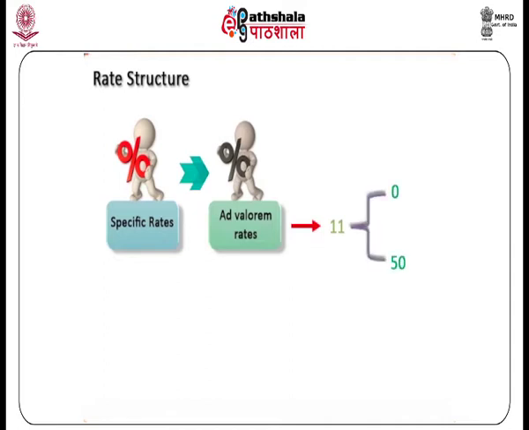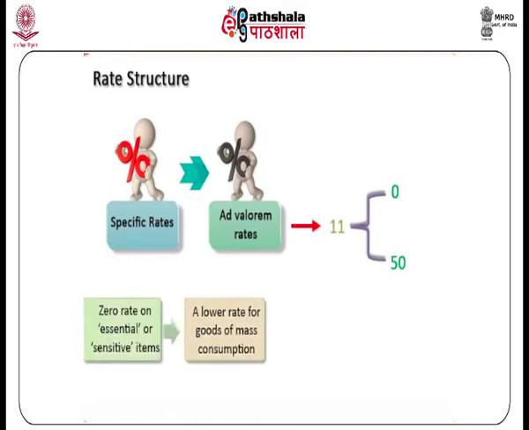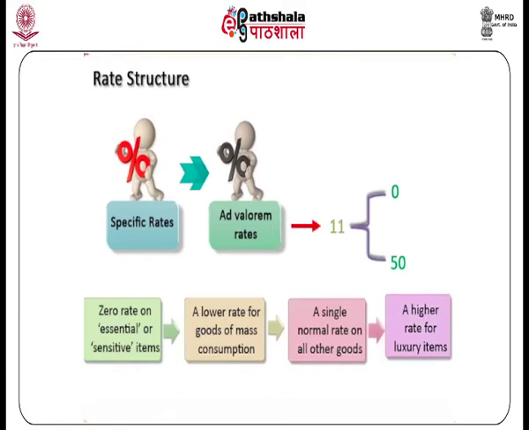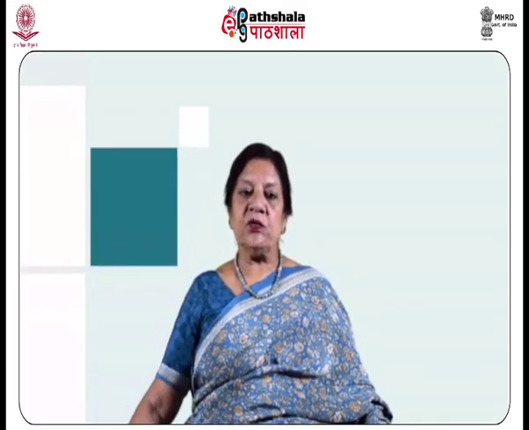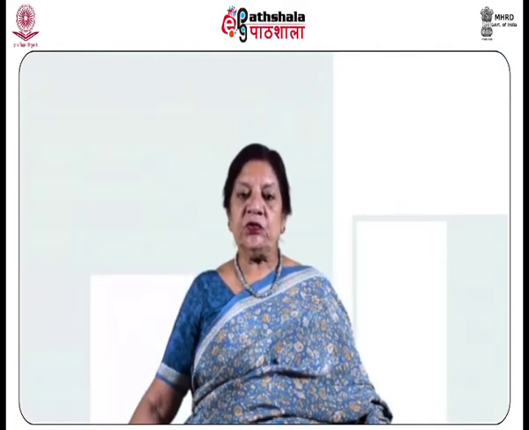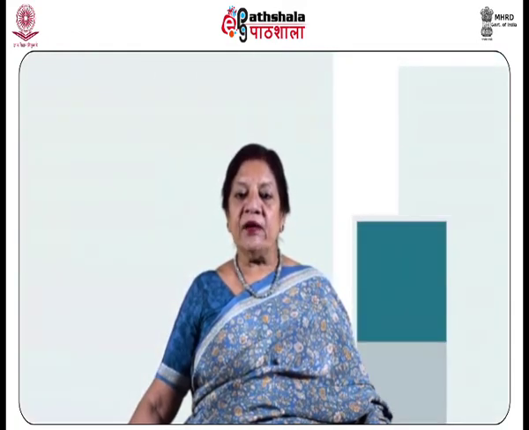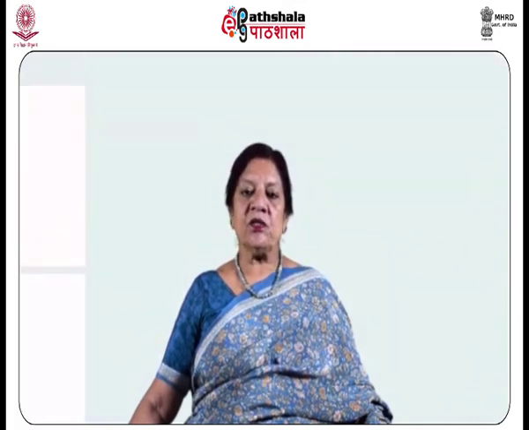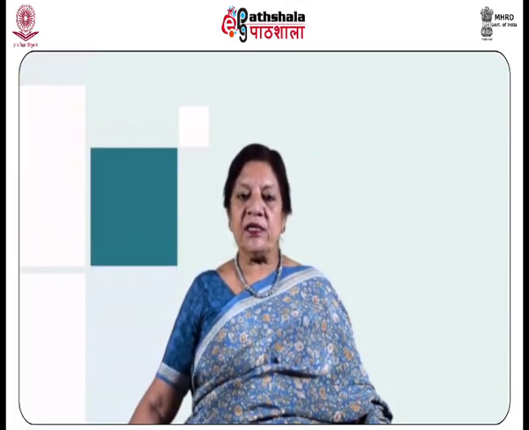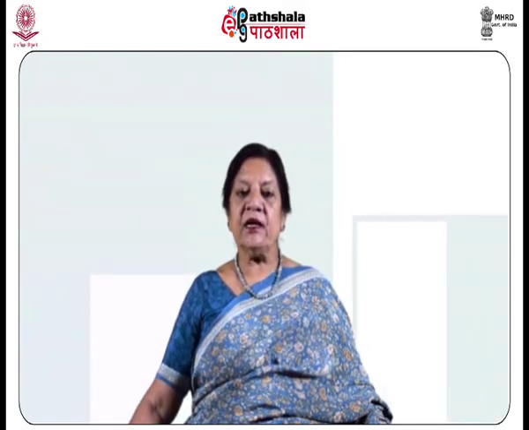The composition of 4 rate duty structure are: 0 rate on essential or sensitive items, a lower rate for goods of mass consumption, a single normal rate on all other goods, and a higher rate for luxury items. Considerable reforms in the excise duty structure were introduced from 1991-92 based on the recommendations of TRC, that is Chelliah Committee.